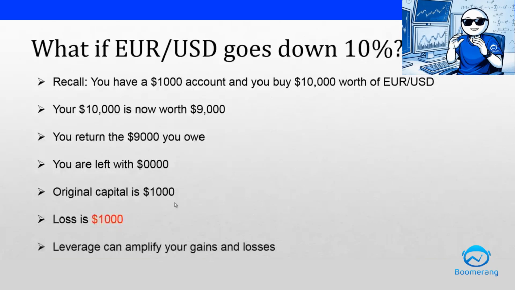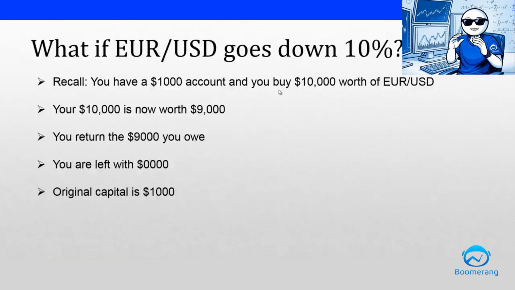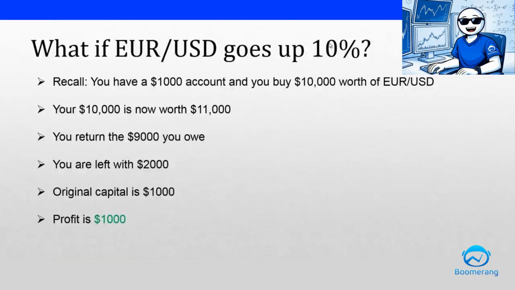So the key thing to point out is that leverage can amplify your gains and losses. If you think about it, without leverage, this would have been a 10% loss to you, but because you used leverage, you lost 100% instead of 10%. Likewise, when you had a gain earlier, when the market went up 10%, if you didn't use leverage, there would be a profit of 10% for you. But because you use a 1 to 10 leverage, it is amplified 10 times.